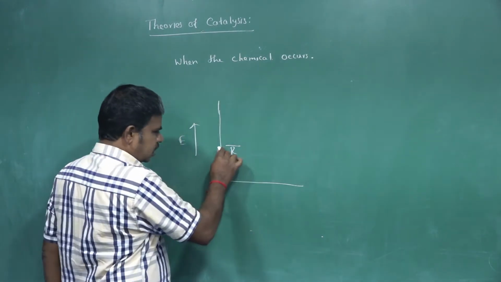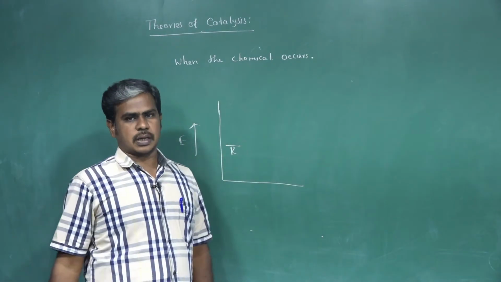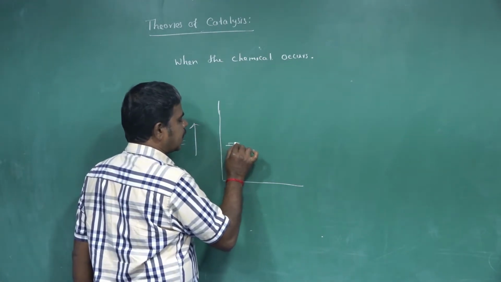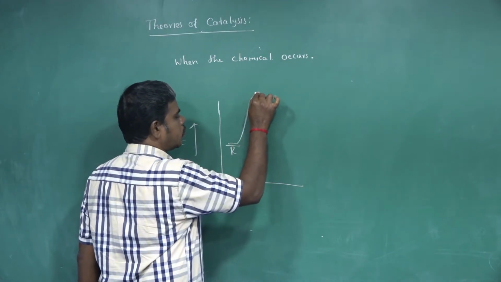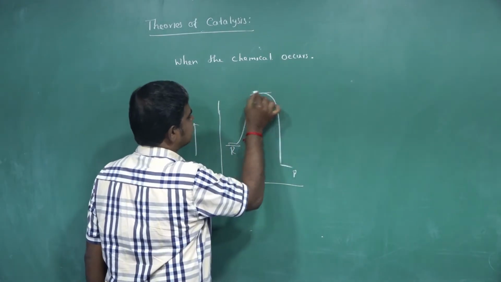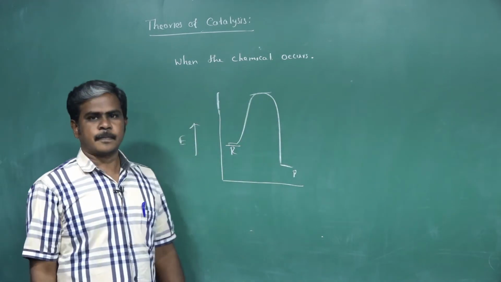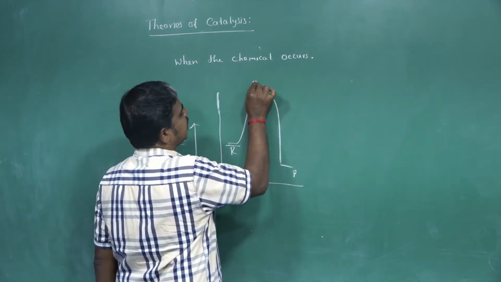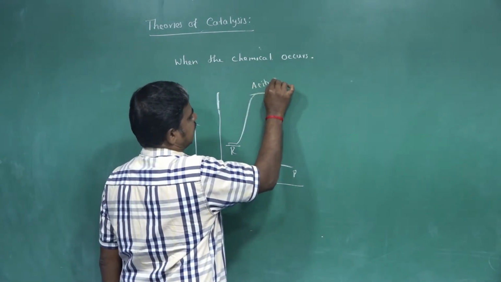Now, the reactant is not directly converted into product. Before the reactant molecule gets converted into product, it crosses some energy barrier, and this energy barrier is nothing but the activated complex.